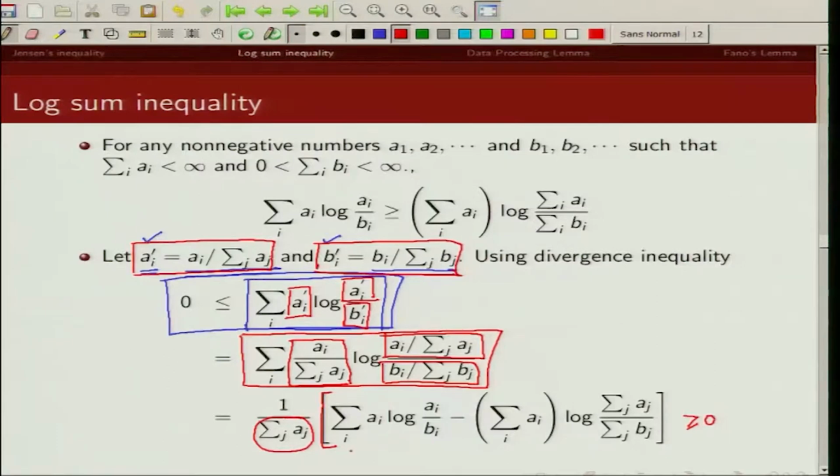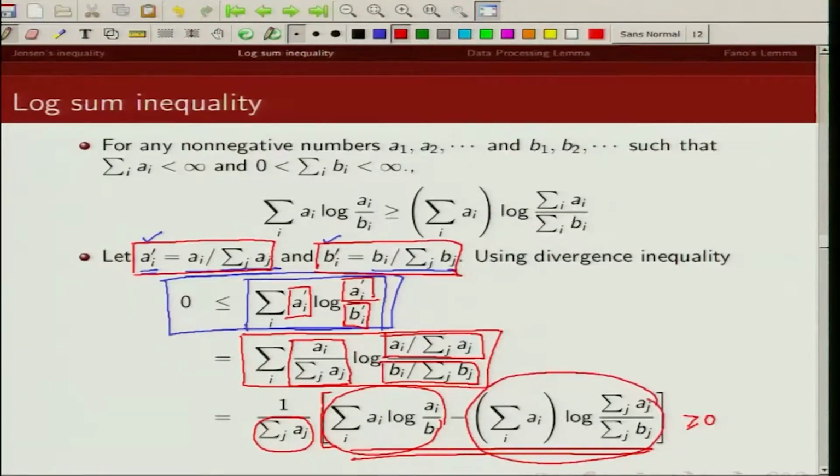So when will this be greater than or equal to 0? When this term is greater than or equal to this term. So what we have proved here is that this relationship holds, and this is known as the log sum inequality.